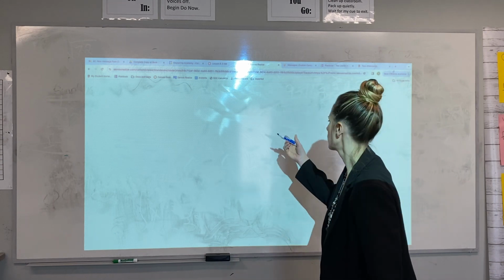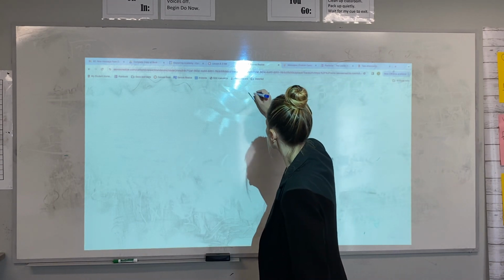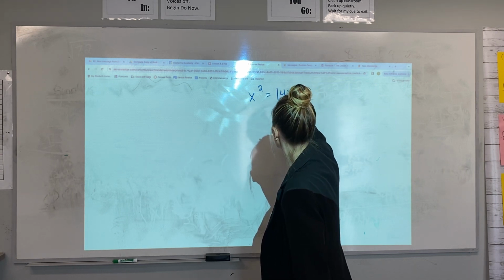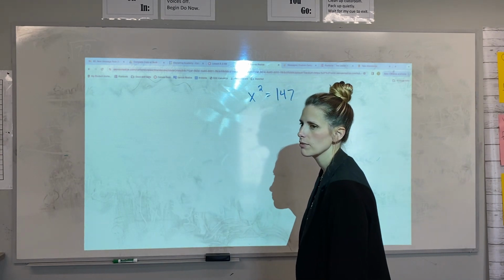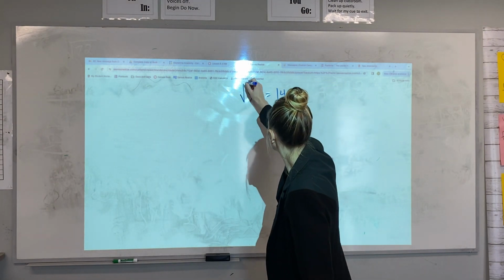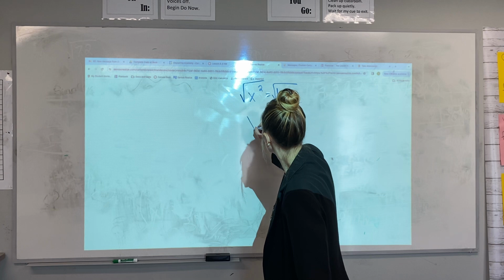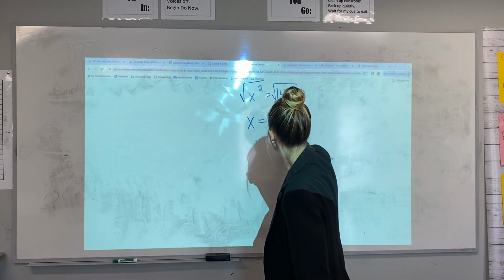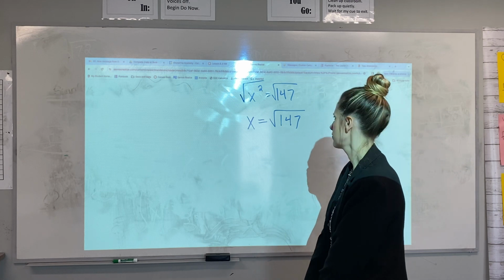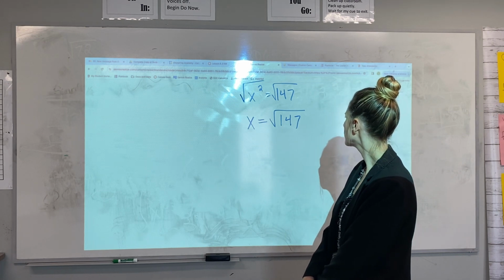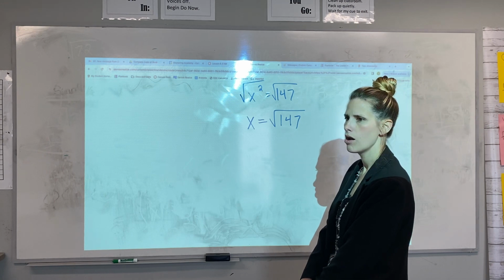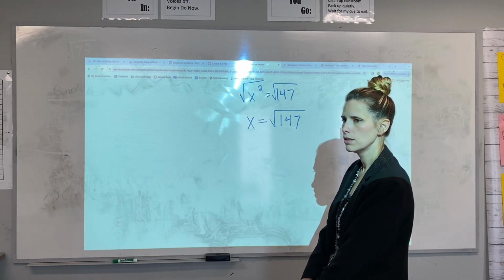X squared equals 147. Okay. What do we do? Square root it. Okay. Let's break it down.